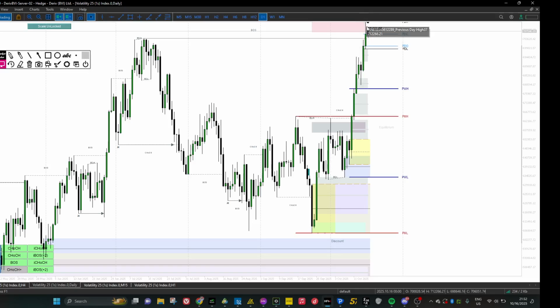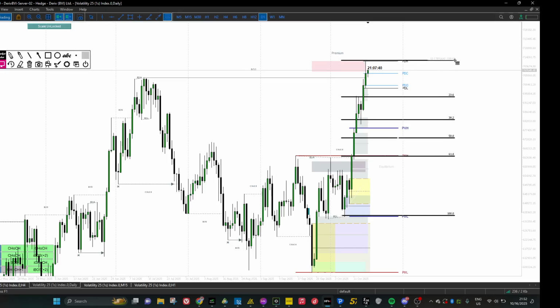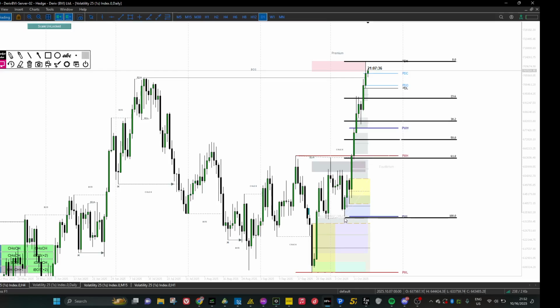I don't know if we're going to get a pullback down to somewhere around here. Maybe if I measure it with the fib, I can see from the last structure leg from here to here, 100% pullback could be all the way down here, but 50% anywhere down here.